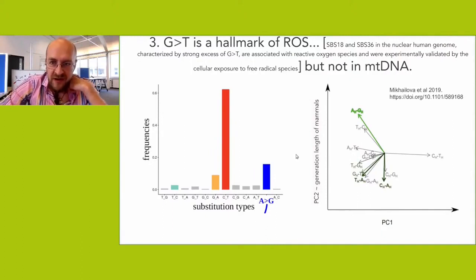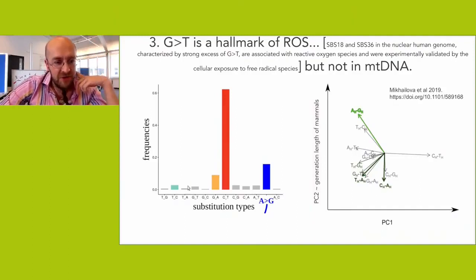According to our results, PC2 perfectly correlates with generation length of mammals. So long-lived mammals would be here, short-lived mammals would be here. And we can see G to T is here again, so it does not significantly affect principal component 2.